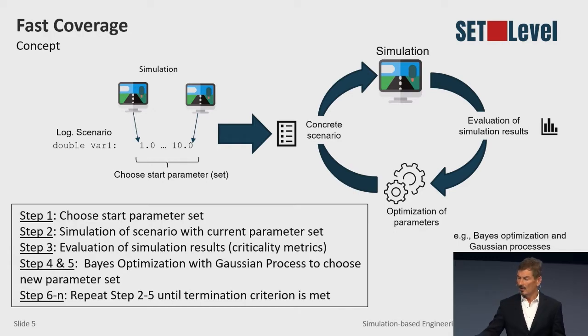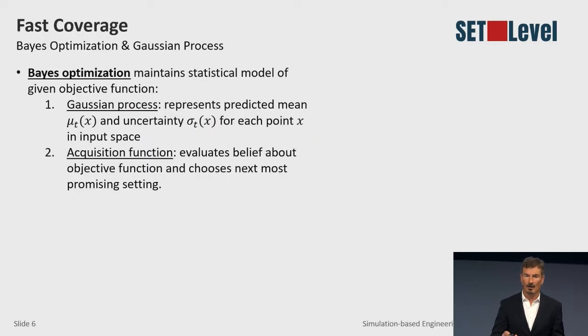Bayes optimization is a common procedure to find local maxima of a function which is unknown but can be computed at definite points, just like we are doing here, using one parameter combination to get one concrete scenario which we can put into our standard set-level simulation tool and then look at the results.